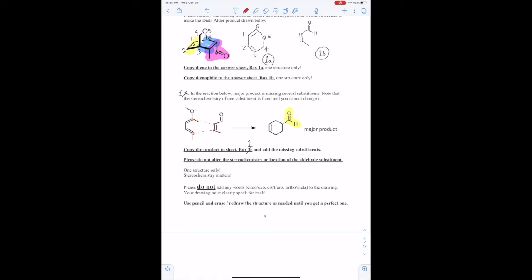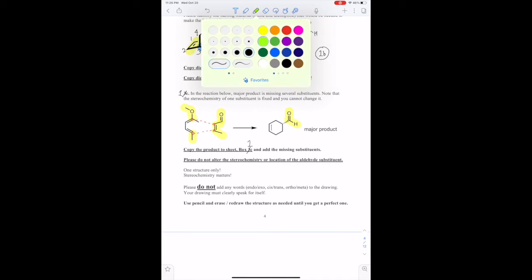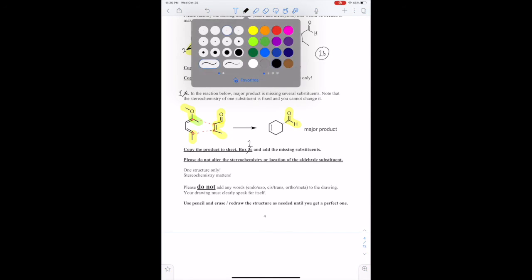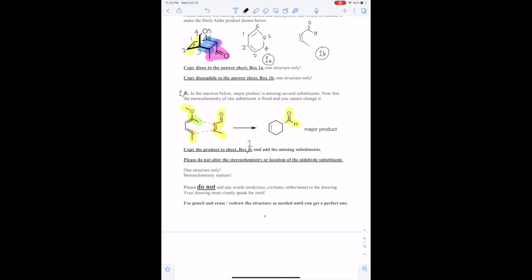Okay, so then we can go on and highlight the substituents that we're supposed to be adding. So there's that and that, these ones. And there's also another one that I should highlight in a different color right here. Okay, so the yellow ones are all pointing away from the reaction, right?